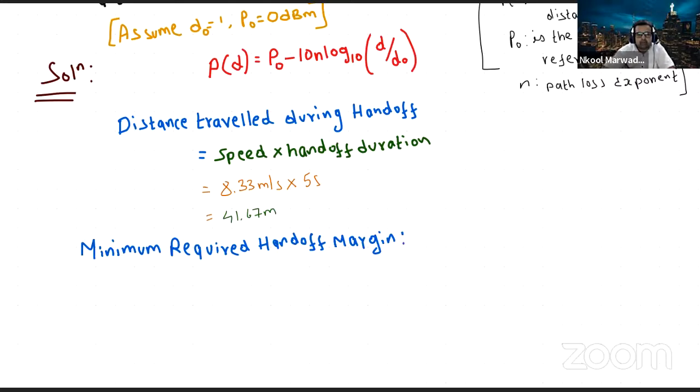Let me write it. Handoff margin is the difference between the signal strength of the serving cell, that is the cell A, and the threshold at which the handoff to the next cell B is initiated.